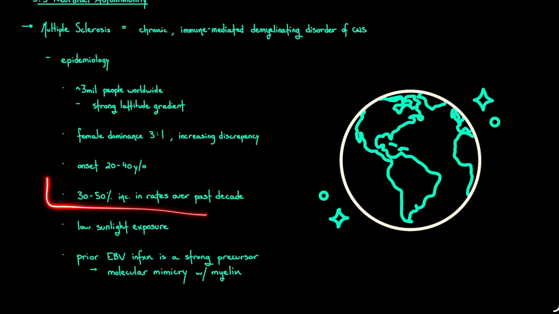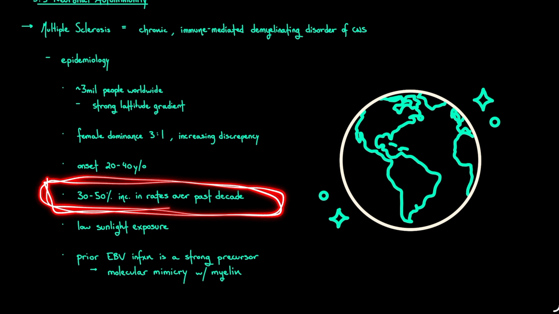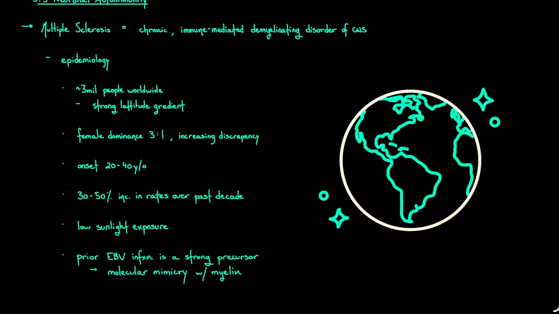But this is why I wanted to talk about MS. 30 to 50% increase in rates over the past decade. That's incredible. So there's obviously something going on here, some sort of stimulus, some sort of combination of factors that we need to get to the bottom of ASAP.